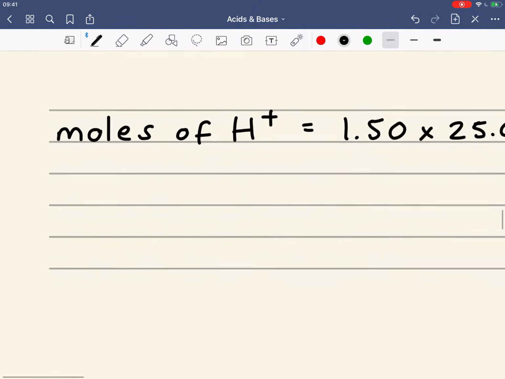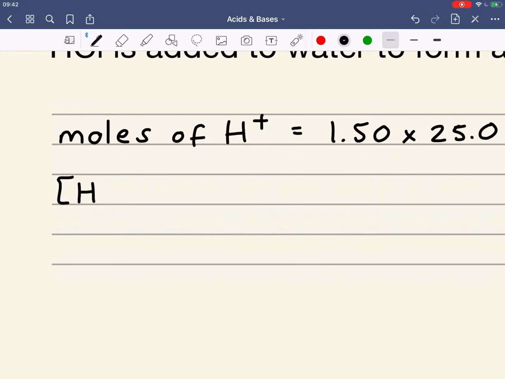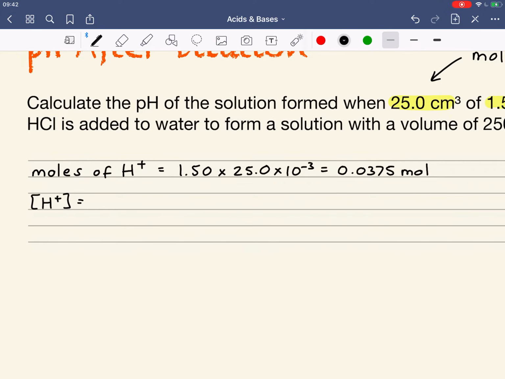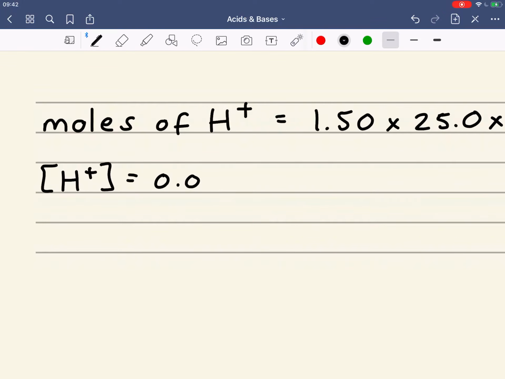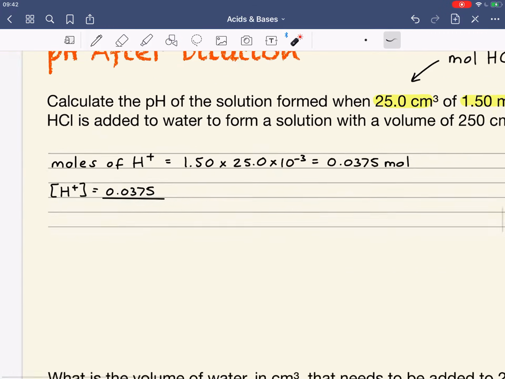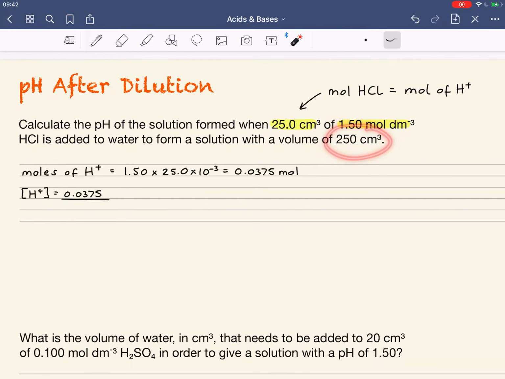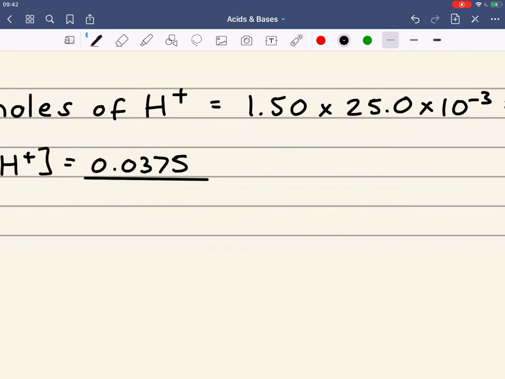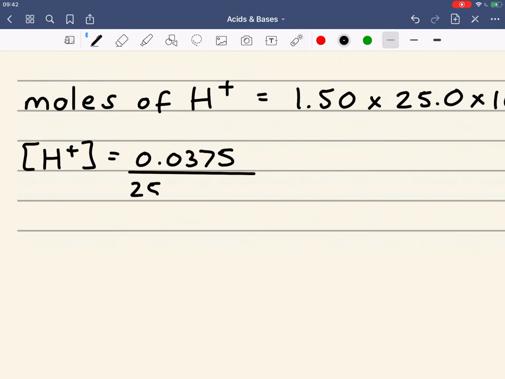I now need to work out my hydrogen ion concentration, and that is the moles over volume. So it's 0.0375 divided by my volume, which is given in the question here. So it's divided by 250 times 10 to the minus 3.